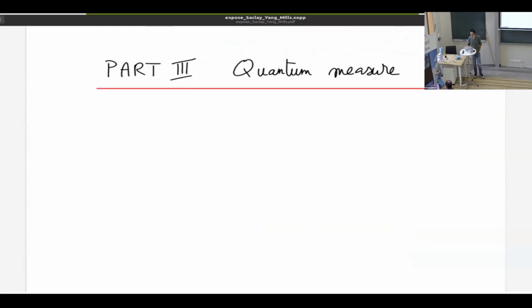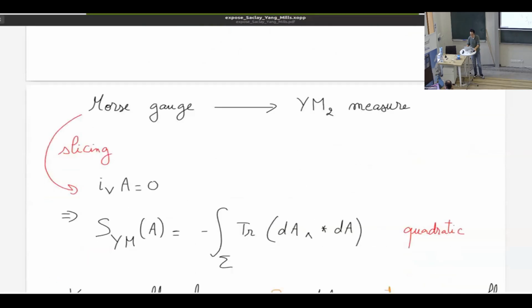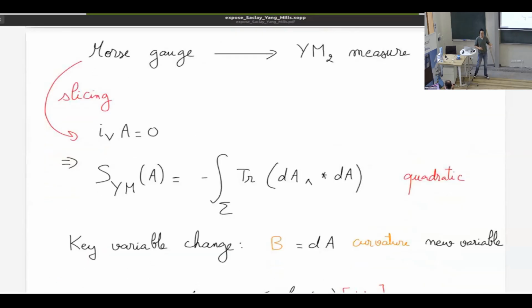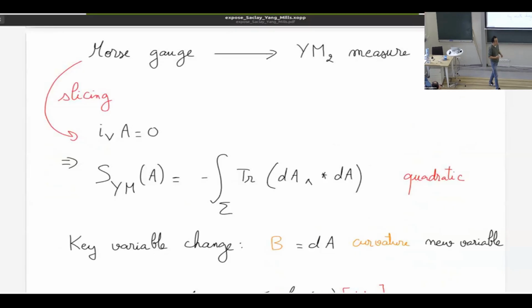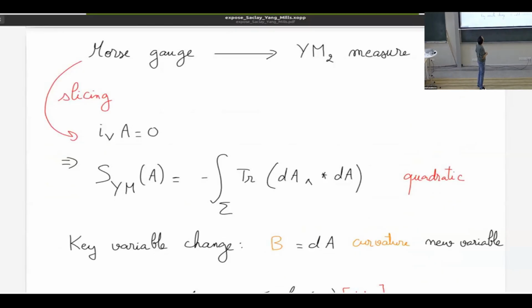Okay, so now let us see what it gives us at a quantum level. Let us examine the consequence for the measure. Assume that we have our Morse gauge, so we can slice the space of connections by connections whose parallel transport along the flow lines is trivial. So you take your one form, and when you contract it with the vector field, you get 0.